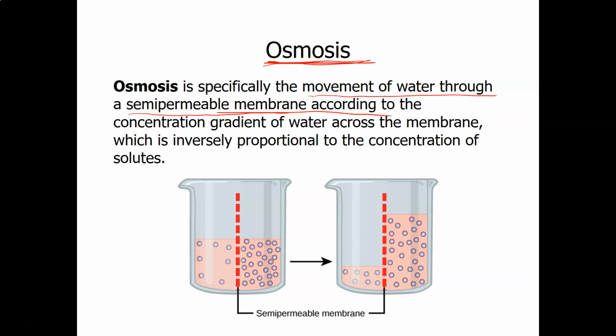You can either look at where there's the most water; the water is going to travel where there's the least water. So if you look at water concentration, the water concentration is high on the left and it's low on the right. But you can also say water follows solute. Water goes to where the most concentrated solution is.